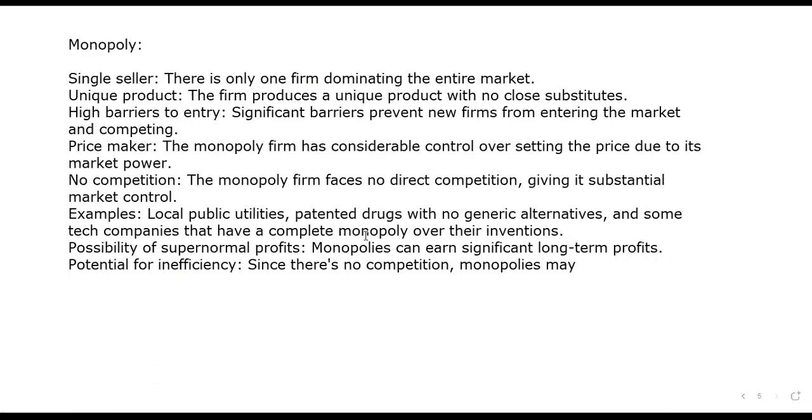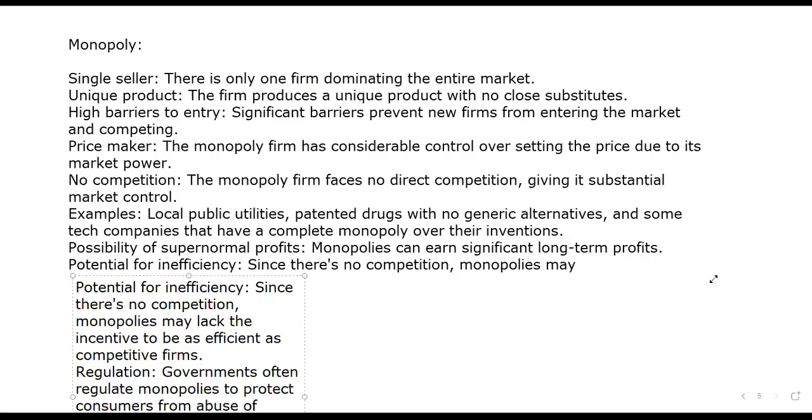So possibility of supernormal profits in the short run and long run is there in this market structure. Other possible characteristics for this could be there's potential for inefficiency because there's no competition. So monopolies will lack an incentive to compete. That's kind of a disadvantage. So sometimes where ZESCO may have power outages, they will not be bothered so much because there's no competitor around.